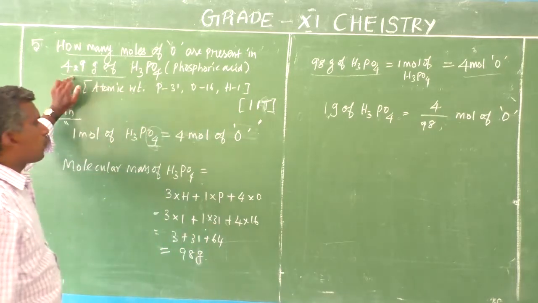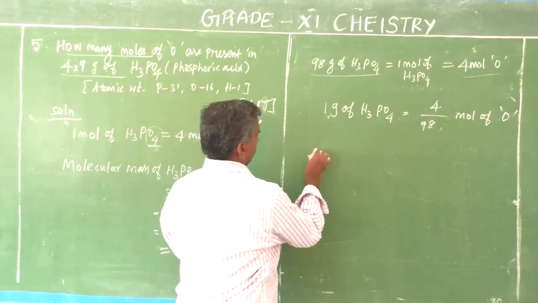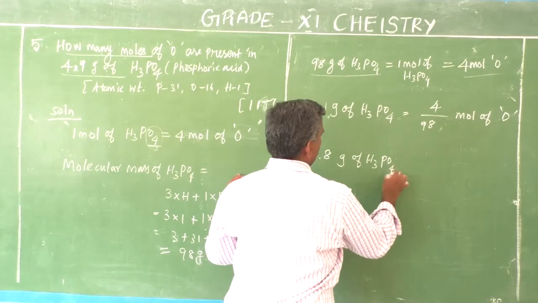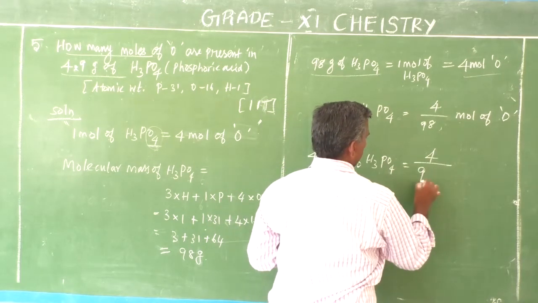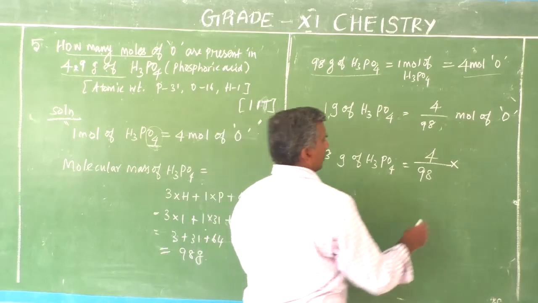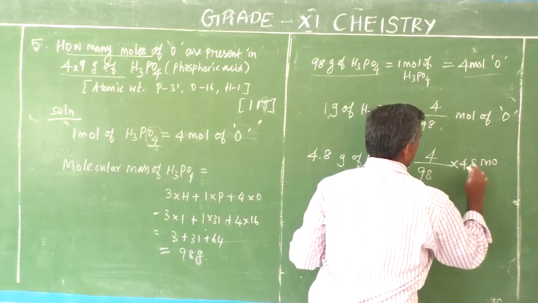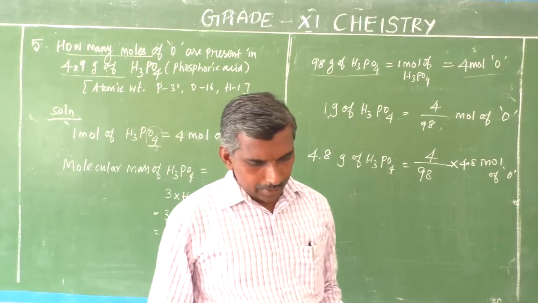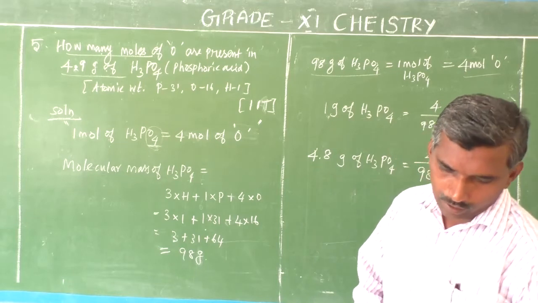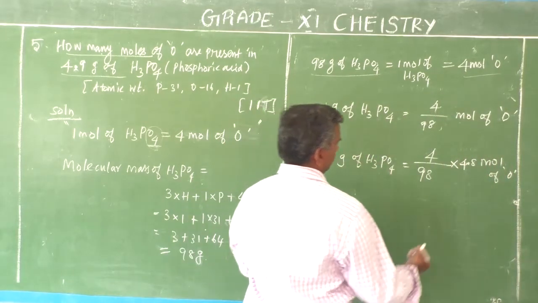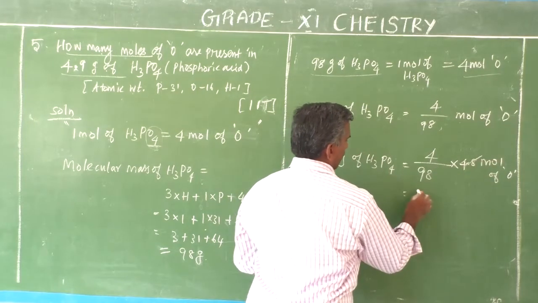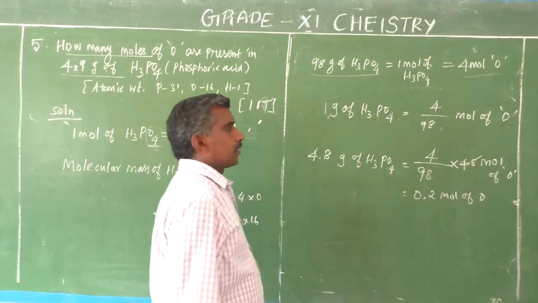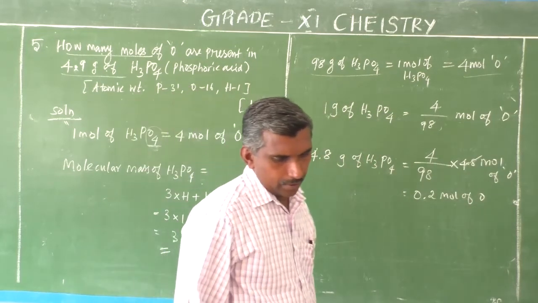But the question is 4.9 gram. 4.9 gram of phosphoric acid contains 4 by 98 multiplied with 4.9 mole of oxygen. Now it cancels. So the answer is 0.2 mole of oxygen.